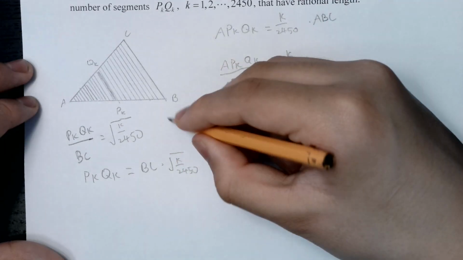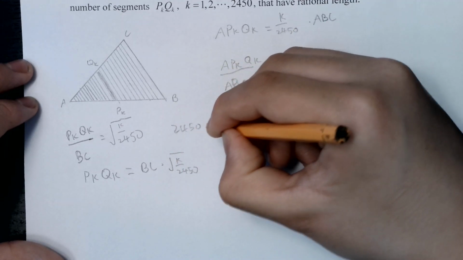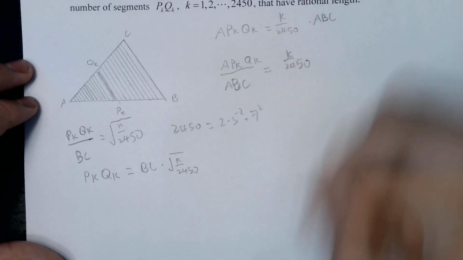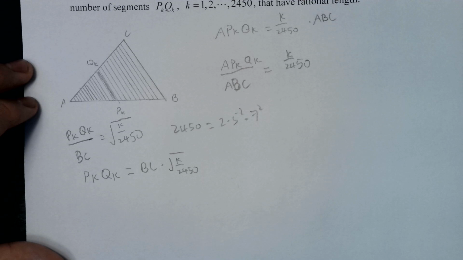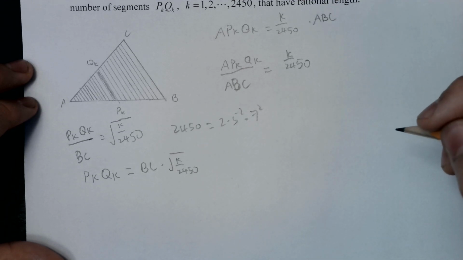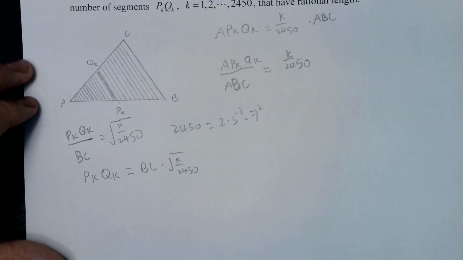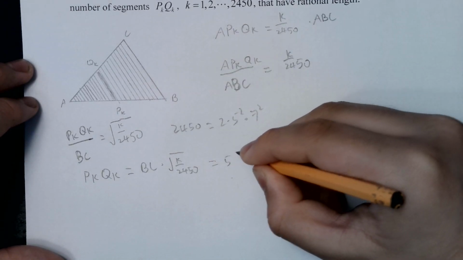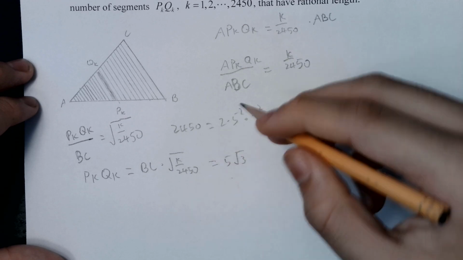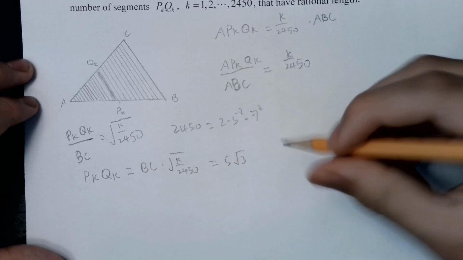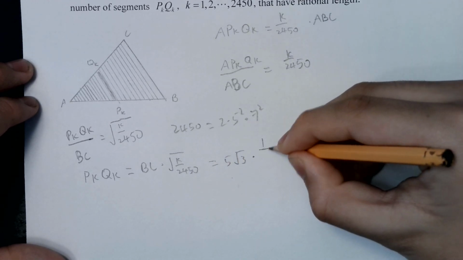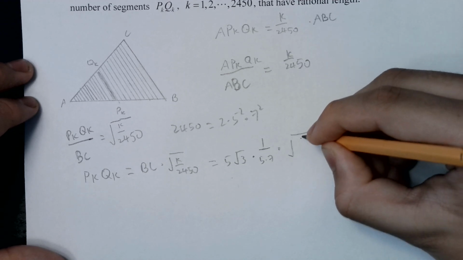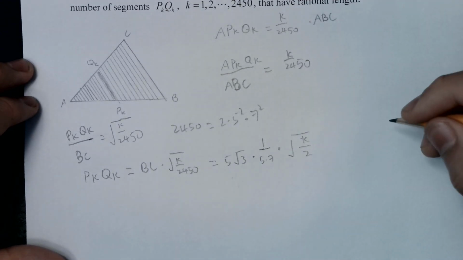And now is a good time to realize that 2,450 is equal to 2 times 5 squared times 7 squared. Because we know that BC is equal to 5 square root 3, as it says in the question, we can say this is equal to 5 square root 3, and then we take out the 5 and 7 from 2,450, so times 1 over 5 times 7 times the square root of k over 2.